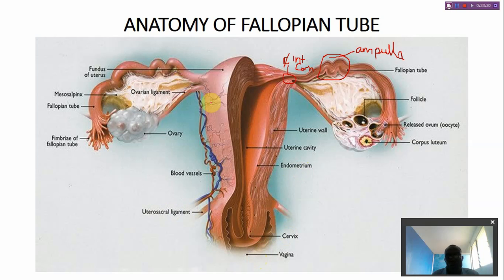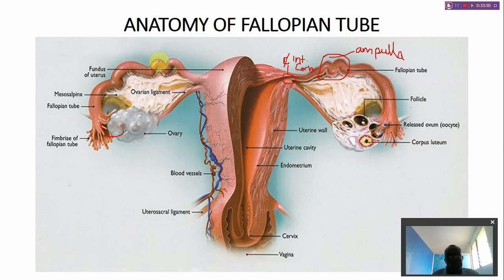This is the blood supply to the myometrium and the endometrium. You can see the ovary here, with the fallopian tube having a finger-like structure through which the egg passes. During ovulation, when the egg is released, it goes through the fallopian tube into the ampulla.